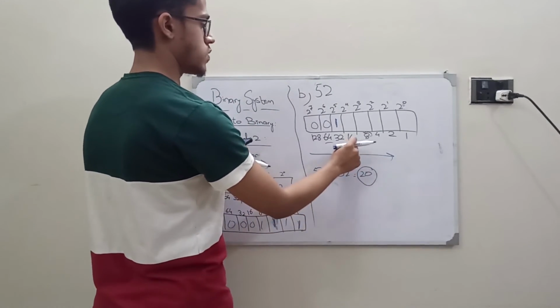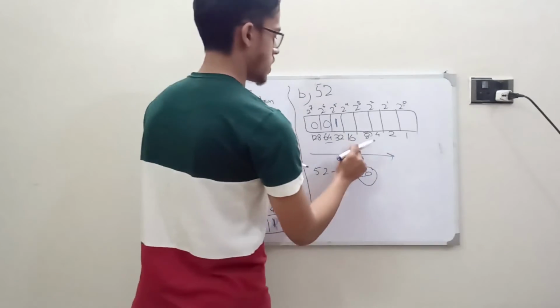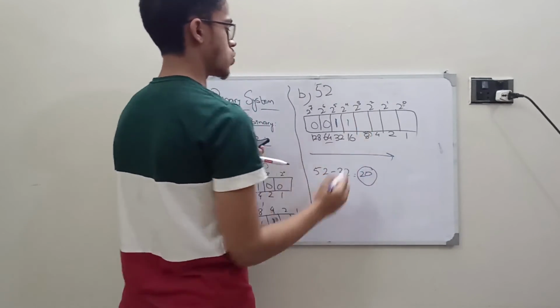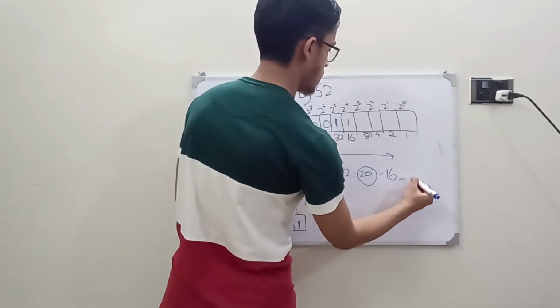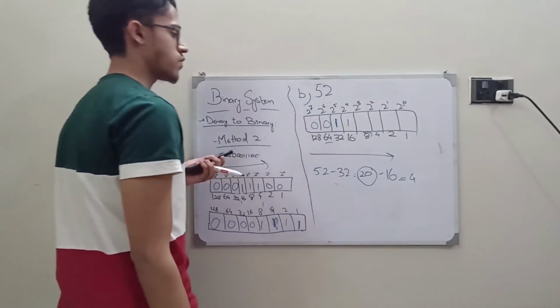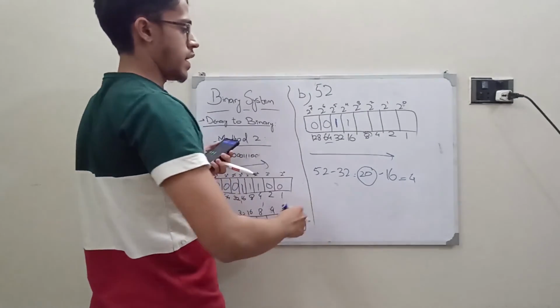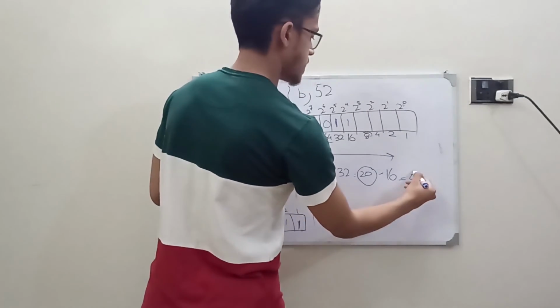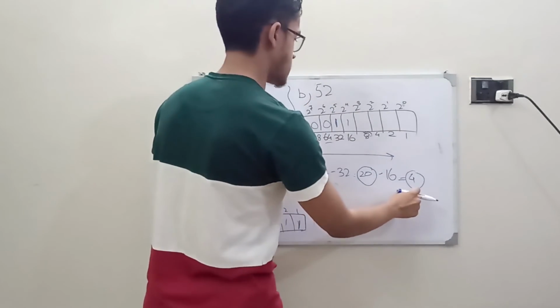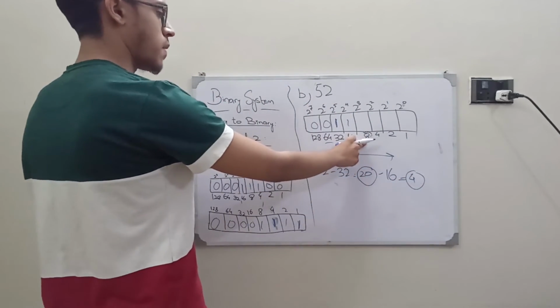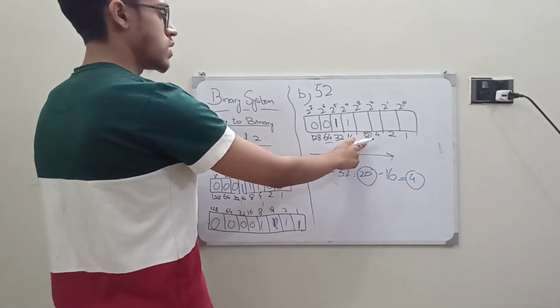So if we compare 20 with 16, of course 20 is greater than 16, which means we will place 1 here. And then if we subtract 16 from 20, it becomes 4. And then we compare this 4, and not this 20 or this 52, with this 8.